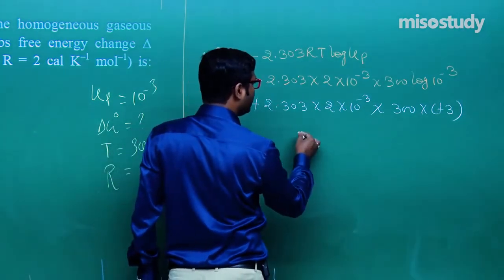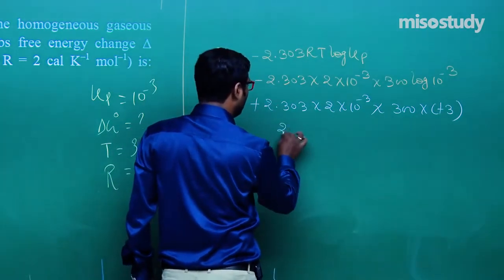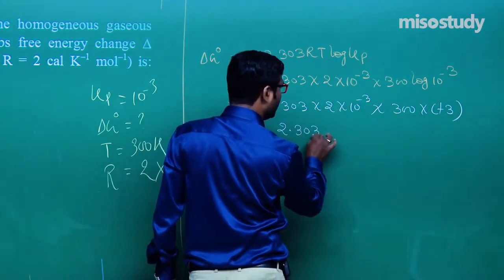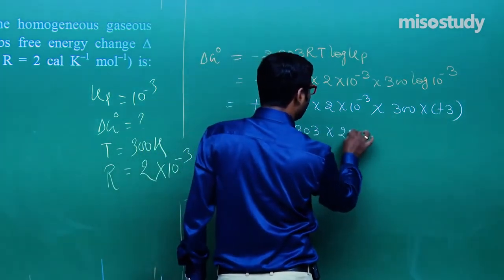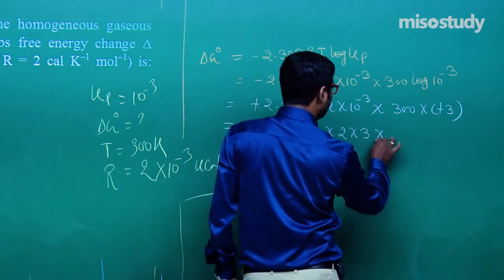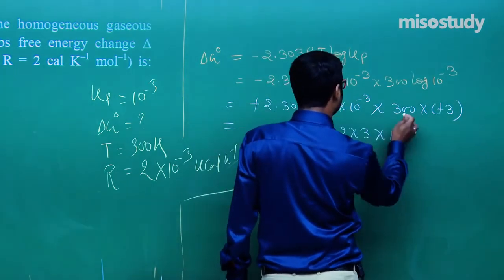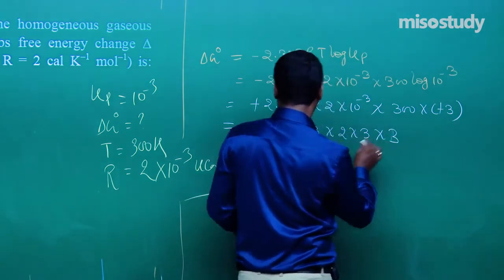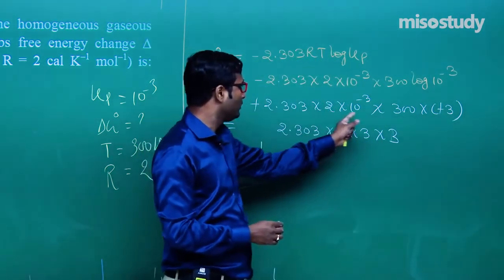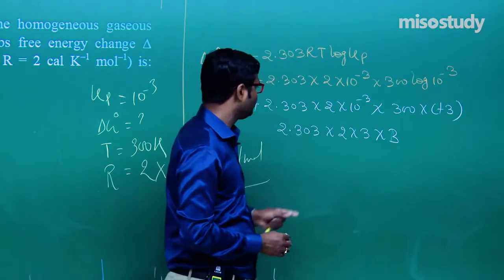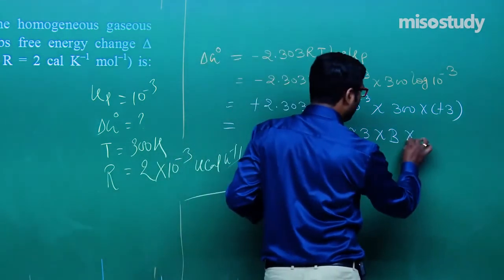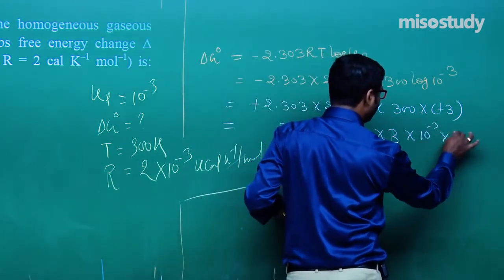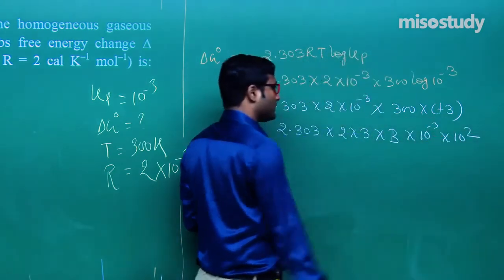That is what will happen? 2.303 into 2 into 3 into 3, calculate 2.303 into 2 into 3 into 3, okay. Now 10 to the power minus 3 into 10 to the power 2, this is 3 into 10 to the power 2.